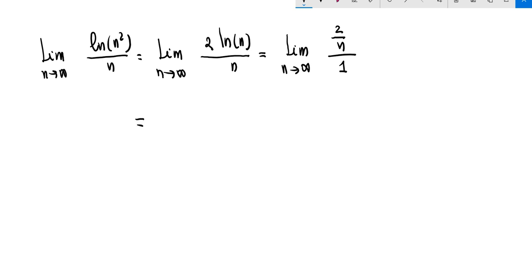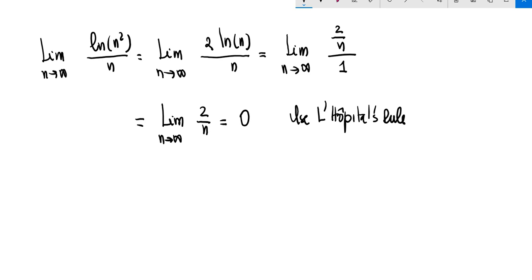So this will be equal to the limit as n is approaching infinity of 2 over n, which is going to be, of course, 0. So here we use L'Hopital's rule to handle this limit.